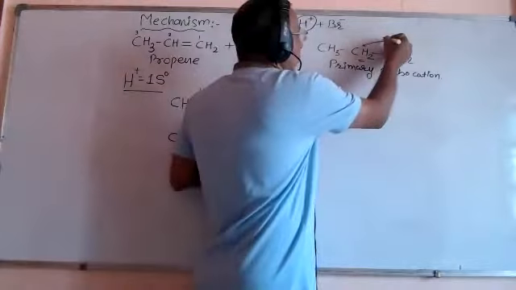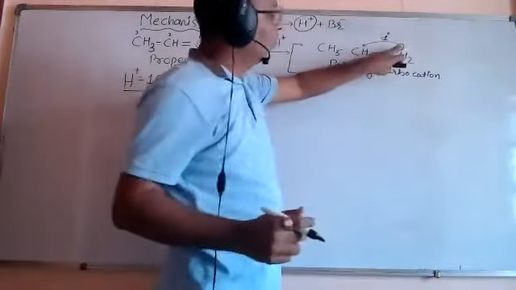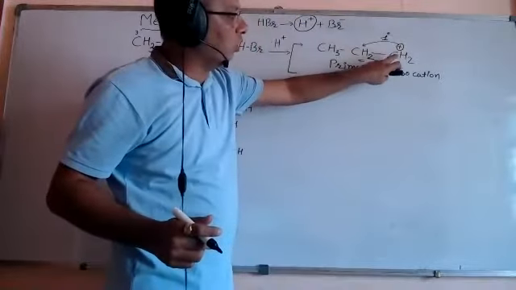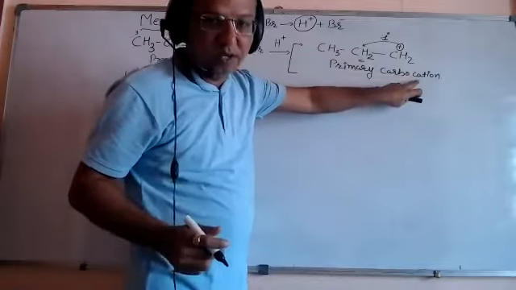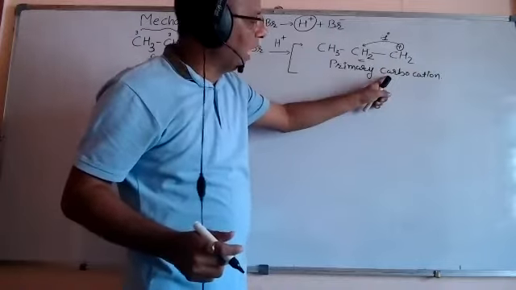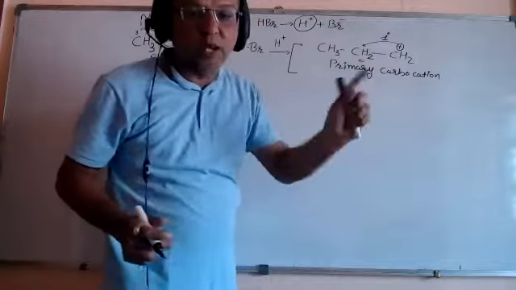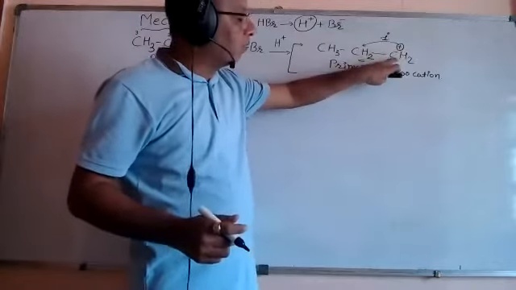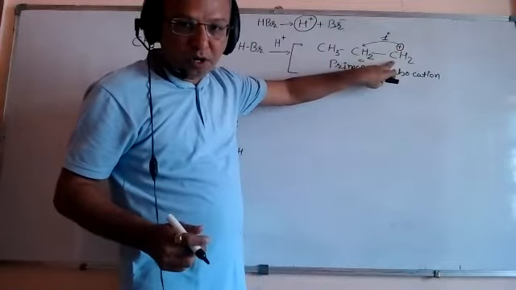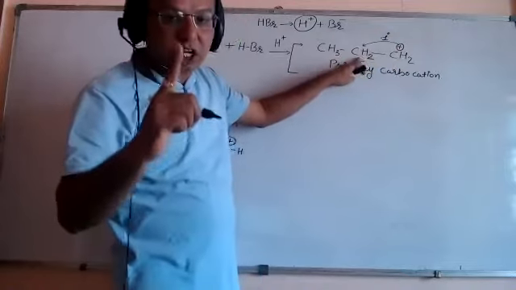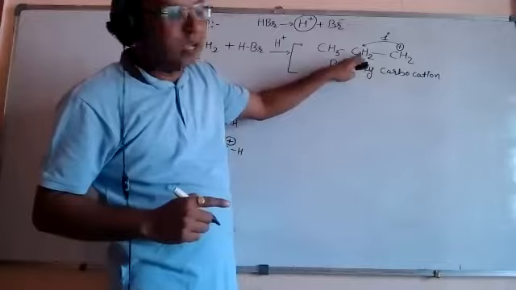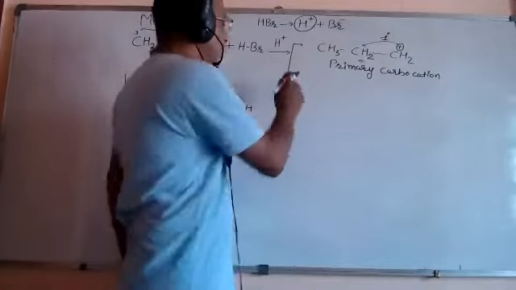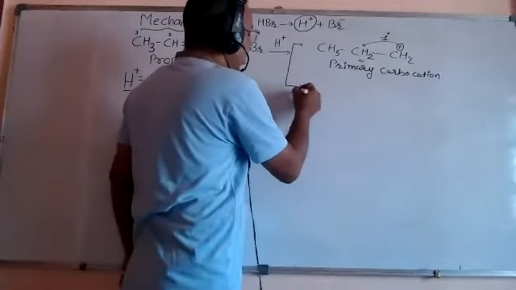A positive charge is a cation, and this cation is on carbon. That's why it is called carbocation. Primary because the positively charged carbon is directly attached with only one carbon, and that's why it is called primary.